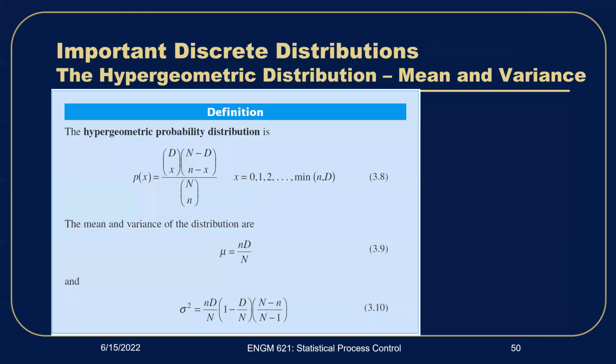Now let's get familiar with several discrete distributions. How can we calculate their means, probability, and variance, and then how can we use them? First, the hypergeometric distribution. Here are the equations for the probability, mean, and variance calculation.